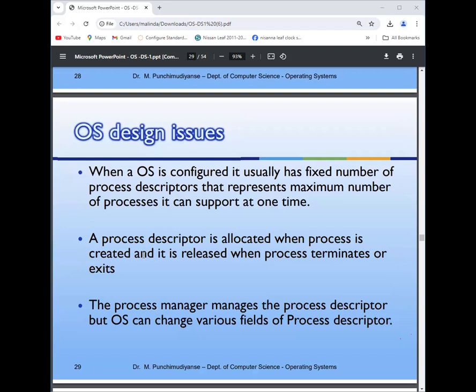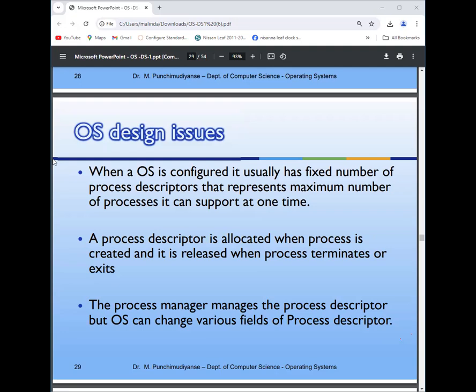When the operating system is configured, it has a fixed number of process descriptors, which represents the maximum number of processes it can support at one time. So that means the number of processes running on the system cannot be unlimited.